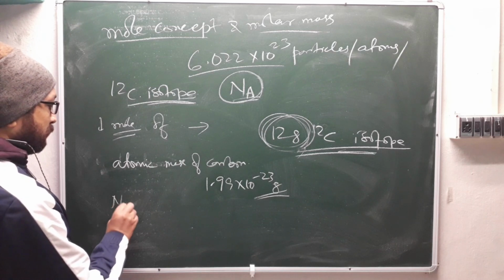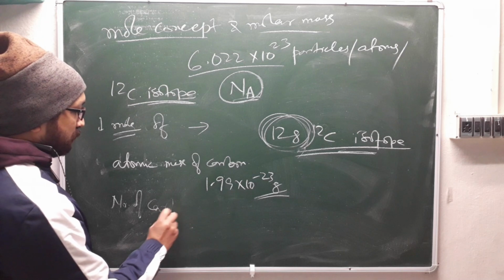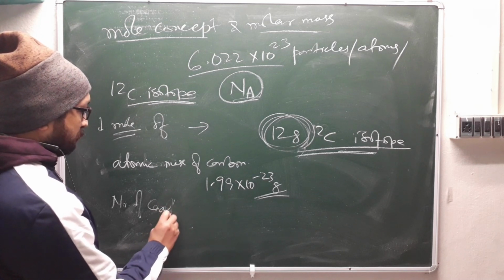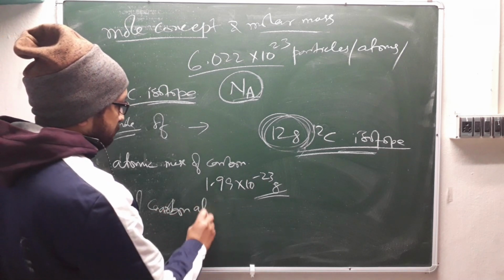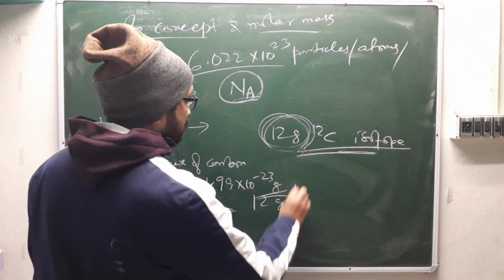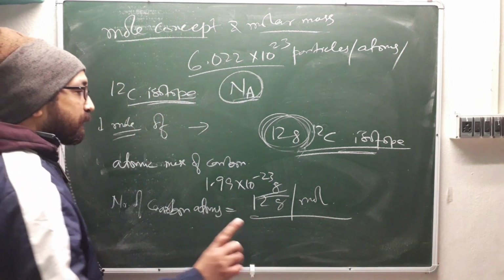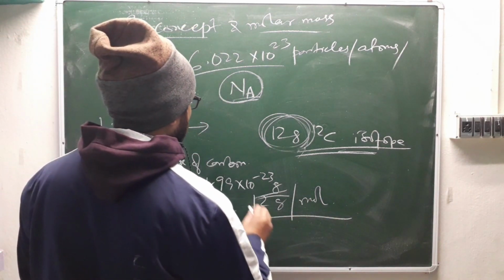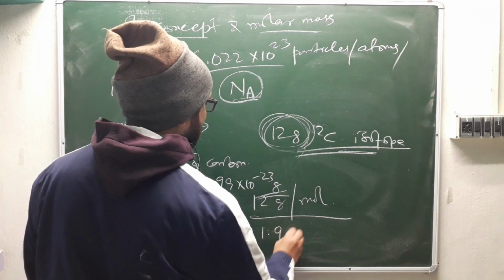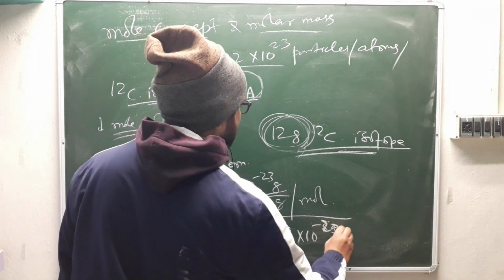Number of carbon atoms equals 12 gram per mole of carbon divided by the weight of 1 carbon atom. How much is the weight of 1 carbon atom? It is 1.99 into 10 to the power minus 23 gram.